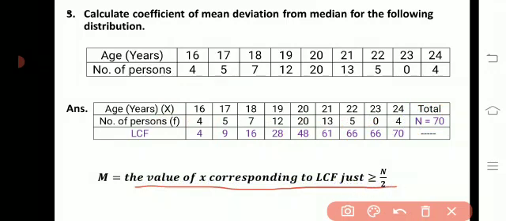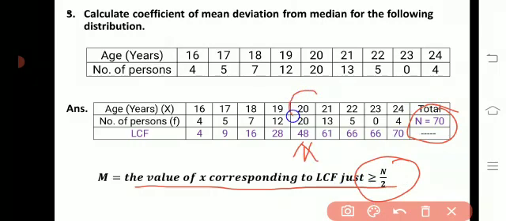Here n is 70, so we need LCF just greater than or equal to 70 by 2, which means LCF just greater than or equal to 35. Here you can observe it is 48, which corresponds to the value of x equal to 20. So here median is equal to 20.